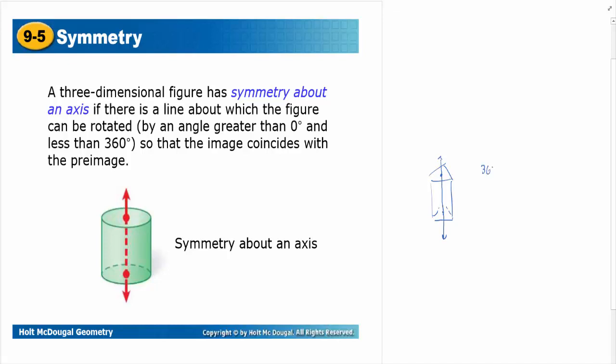You'd go 360 divided by 3, which is 120, and you would have a 120-degree rotational symmetry on that 3D figure. This cylinder has an infinite number. I can rotate it any way I want, and it's going to look exactly the same. But again, that's kind of how these will work. So you've got your rotational symmetry and your reflection, your line symmetry, with 3D figures.